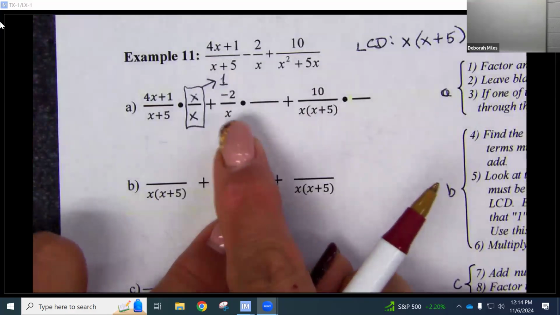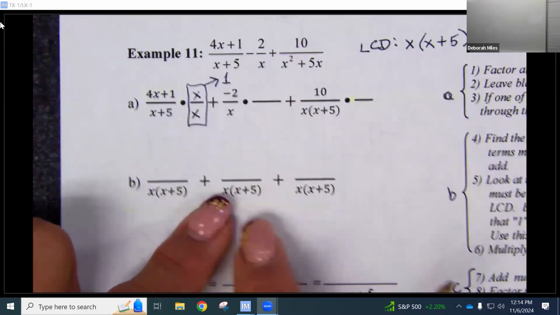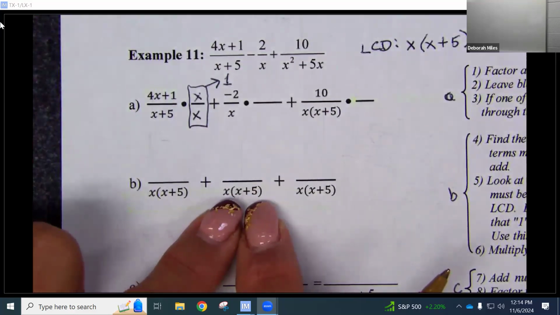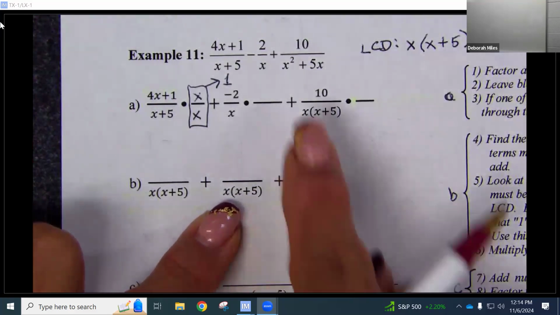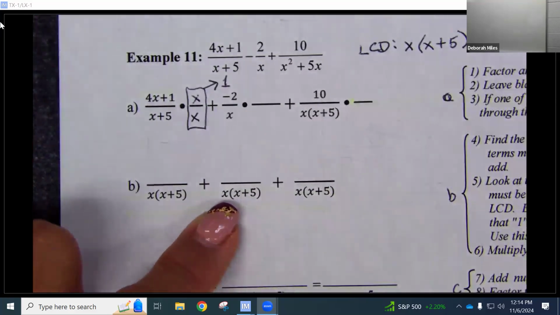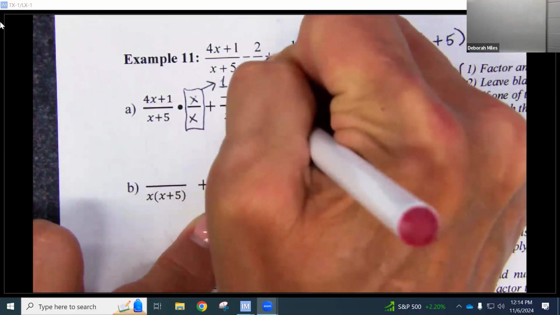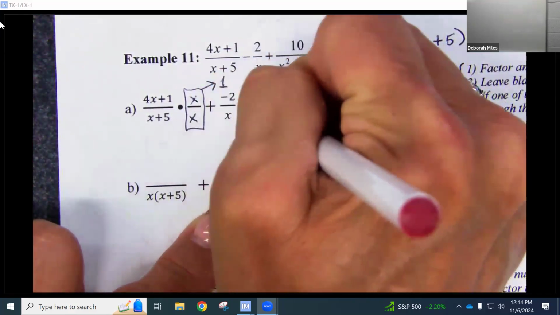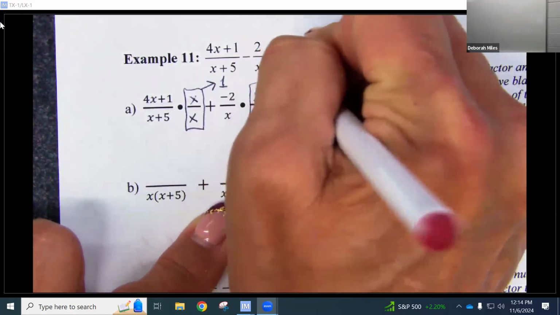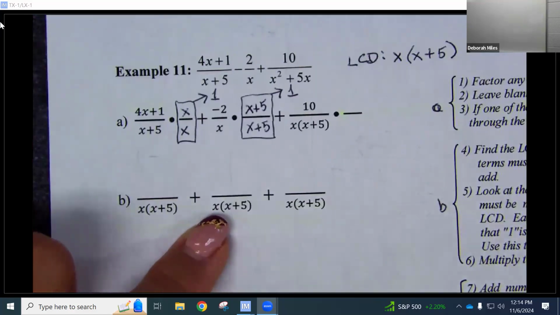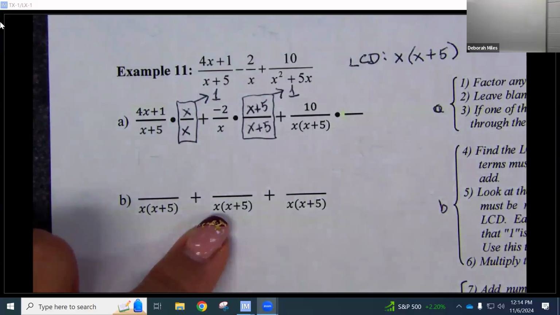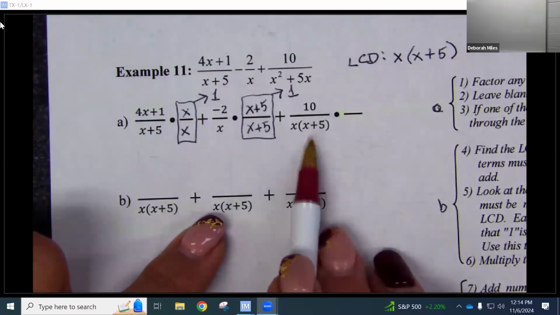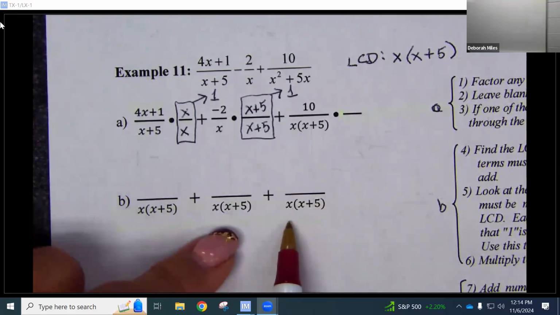Second fraction, what does that denominator need to make it have the LCD? So what do I multiply the second fraction by? I love how you said that. It had to be something over itself because that's 1. What would the third denominator need to make it have the LCD?